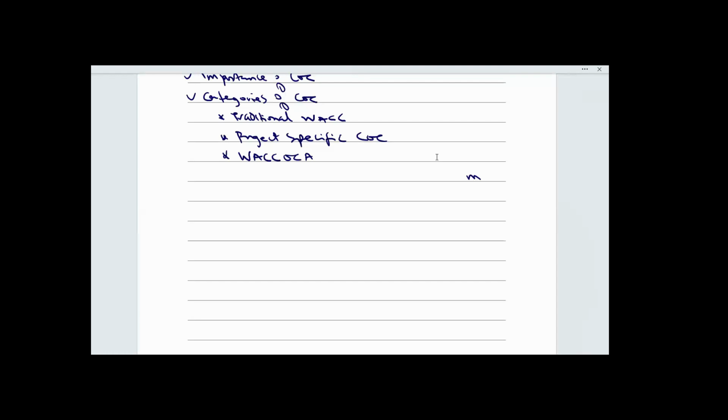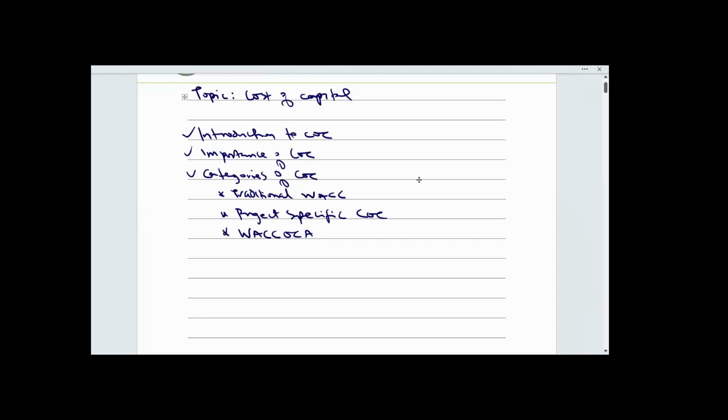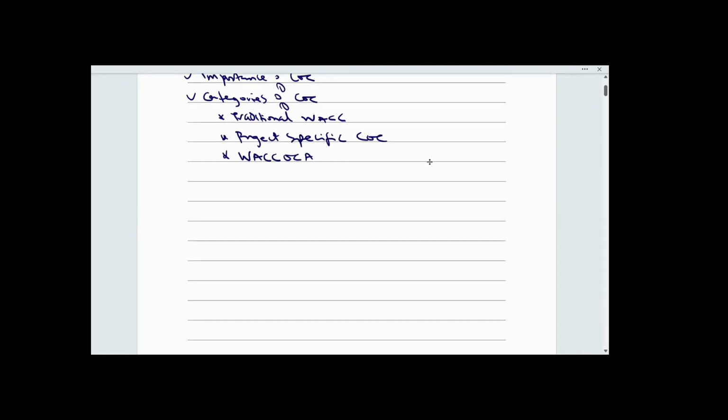If you want to define cost of capital, you will say cost of capital represents the compensation required by the providers of capital, including the ordinary shareholders, debt holders, and preference shareholders, from their investment in a company. I take it again: cost of capital represents the compensation required by the providers or suppliers of capital from their investments in a company.